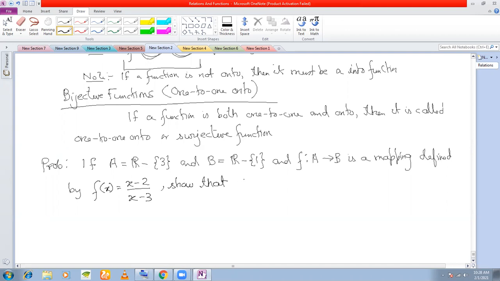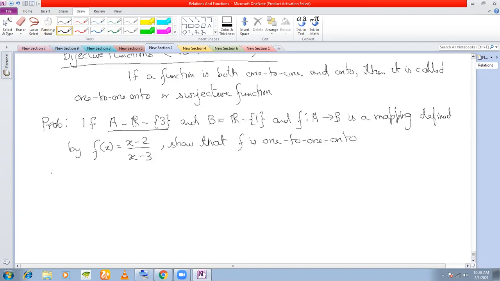Show that f is one-to-one onto. What do you mean by A is equal to R minus singleton set 3? It simply means, I have told you earlier also, all the real values from which 3 has been removed.